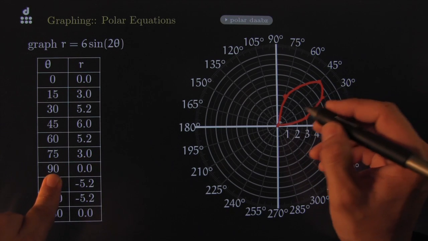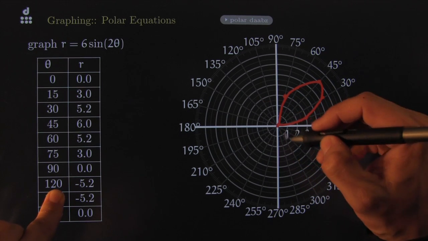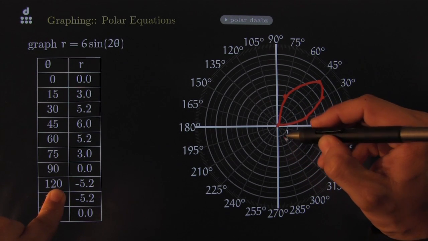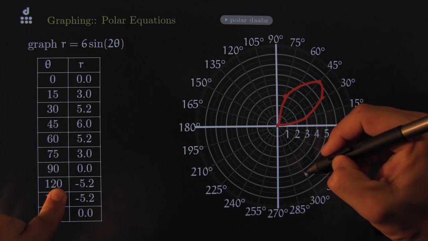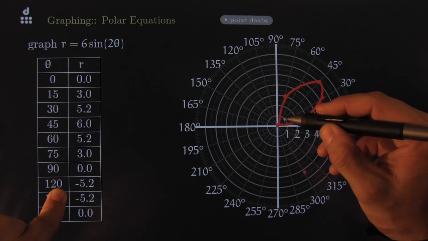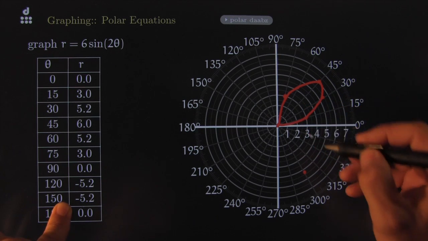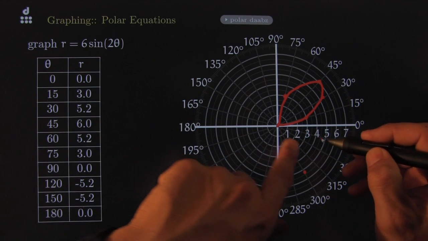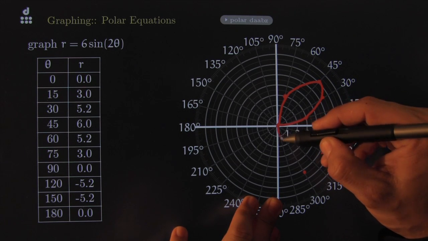Then you go for 90 degrees, we stopped at 90. 120, you're looking at that way, 120 you're at negative 5.2. And at 150, again you're at 5.2. That's 150 backwards, 5.2, right on there. I could tell you what's happening here.